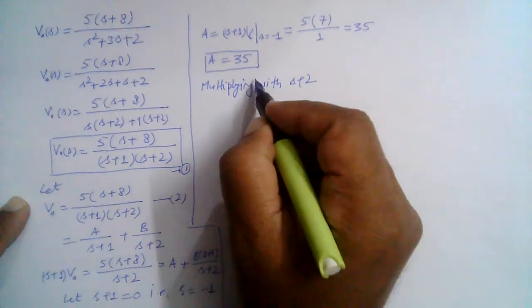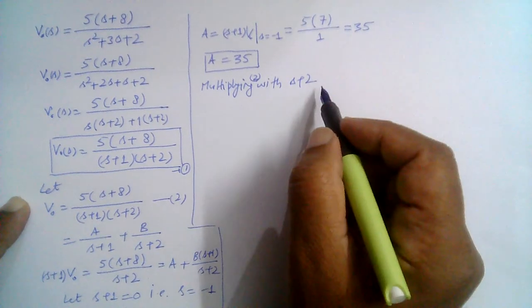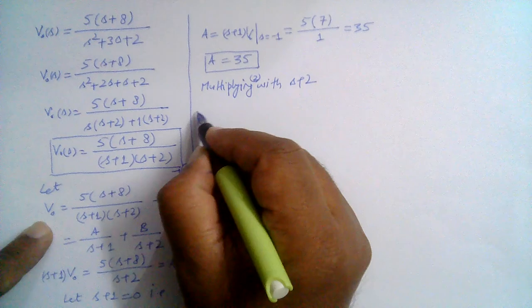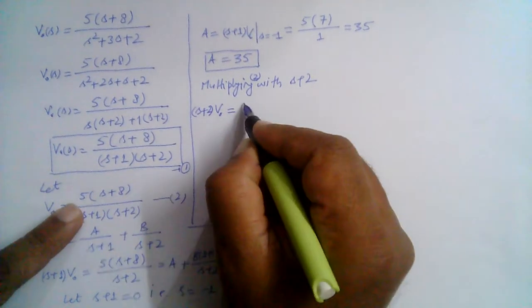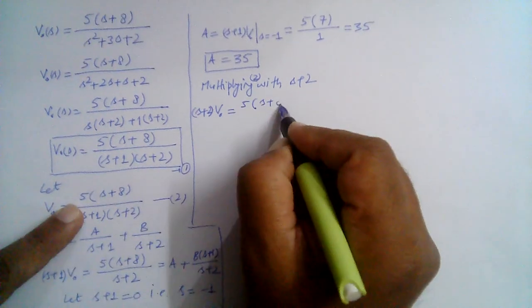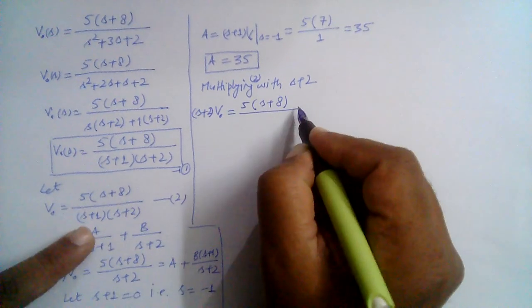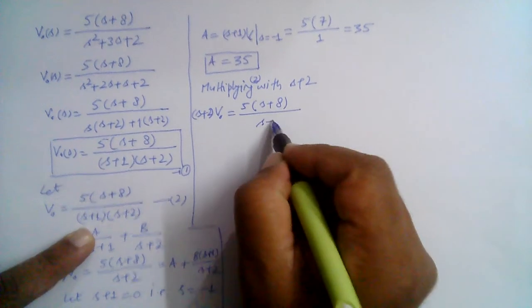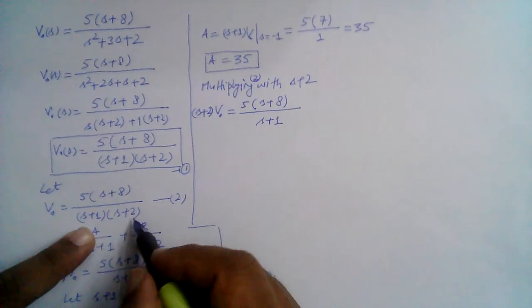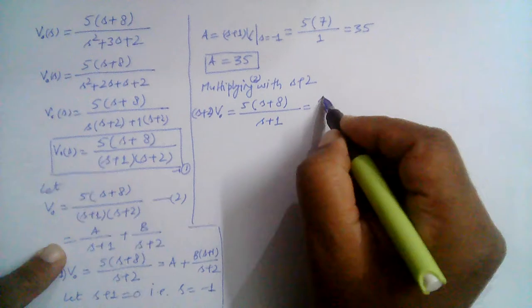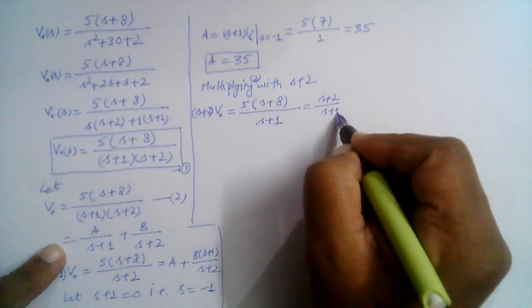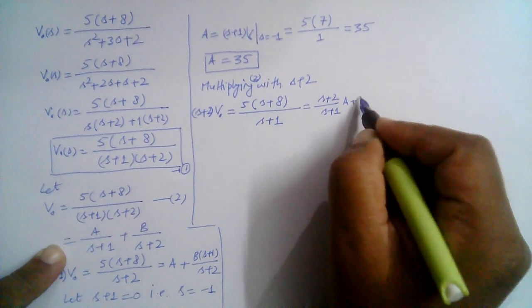So multiplying 2 with s plus 2, that will be s plus 2 v naught is equal to 5 into s plus 8 divided by s plus 1, and that will be equal to s plus 2 over s plus 1 a plus b.